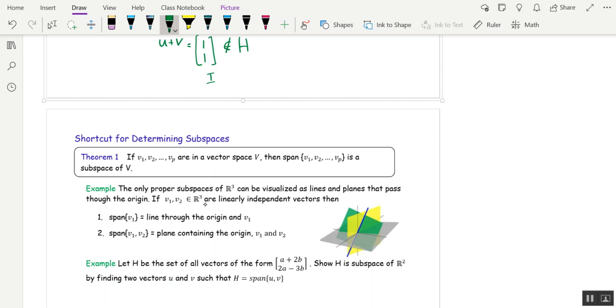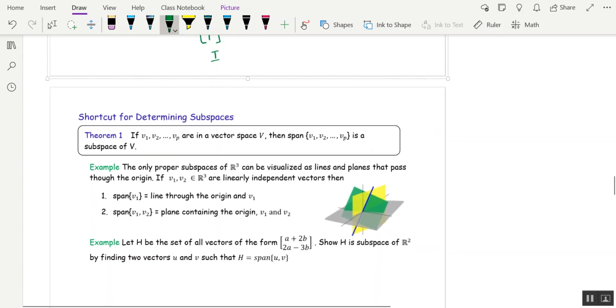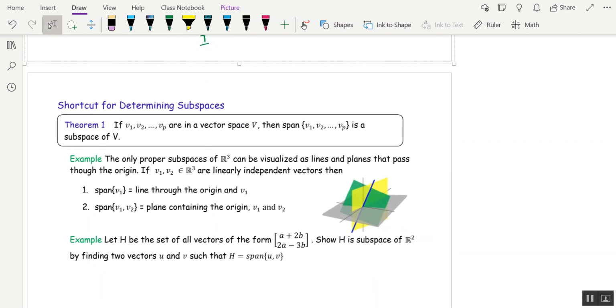Couple of examples, subspaces of R3. Well, we know the zero vector is a subspace of R3, and all of R3 is a subspace of R3. But are there any proper subspaces of R3? Yes, there are two types. One, if you take a non-zero vector and you look at its span, that forms a line through the origin and the vector v, v1 in this case. So lines going through the origin, those are subspaces.